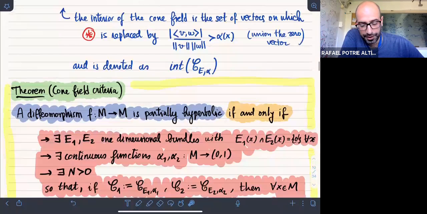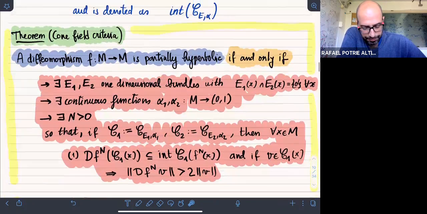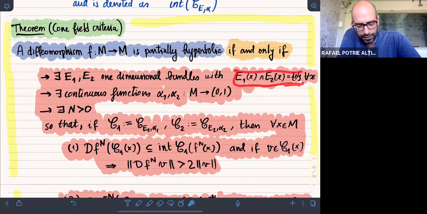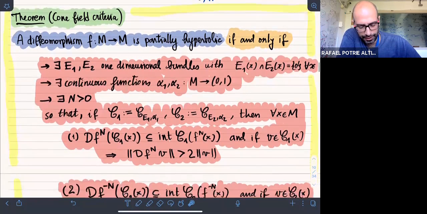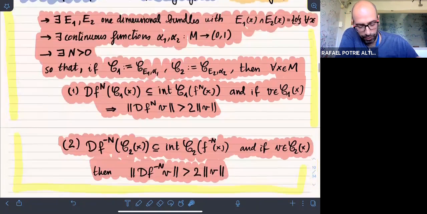And the cone field criterion says that a diffeomorphism is partially hyperbolic if and only if, and here I'm restricting to dimension 3, you have 2 one-dimensional bundles which are quasi-transverse, so they don't intersect, and there are cone fields around these subbundles which have the following properties.